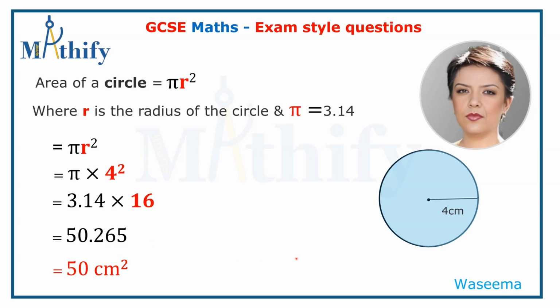So if we were asked to leave our area of circle in terms of pi, we would leave our final answer as 16 pi. But these final two steps are done with a calculator. So these are all the important information just for you to remember, okay? And that confirms that our area of circle is 50 centimeters squared to two significant figures.